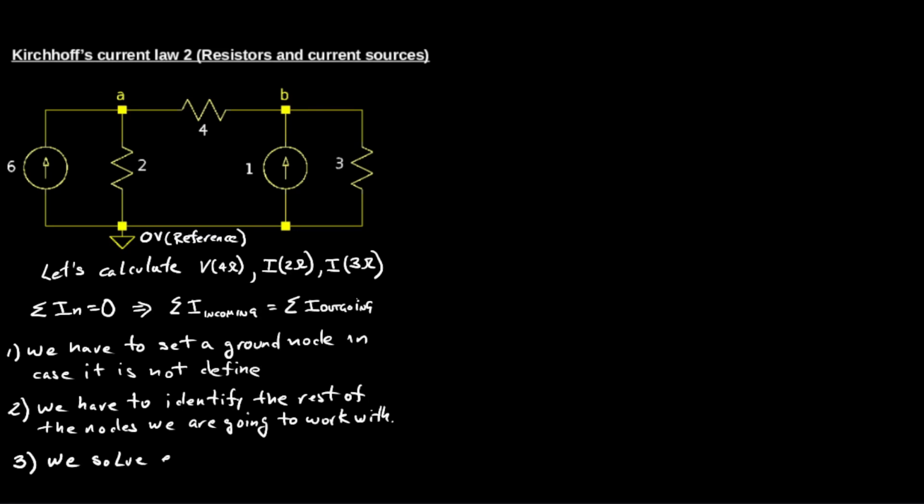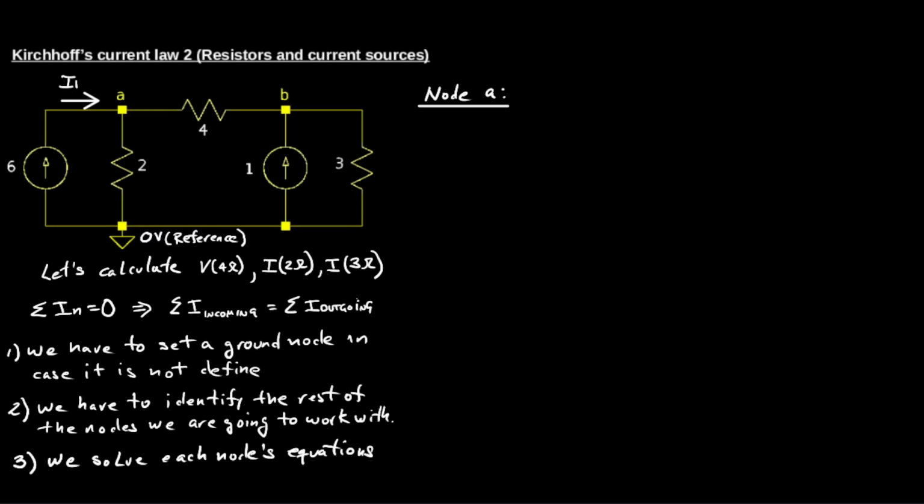Once I identified the nodes, I'm going to use the law I stated previously to get the equations of each node. For example, let's get the equations for node A. In the case of Kirchhoff's current law, I'm going to work with currents in order to find the voltages in the nodes.